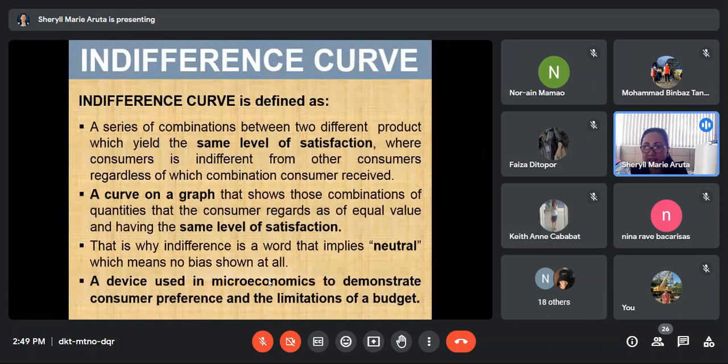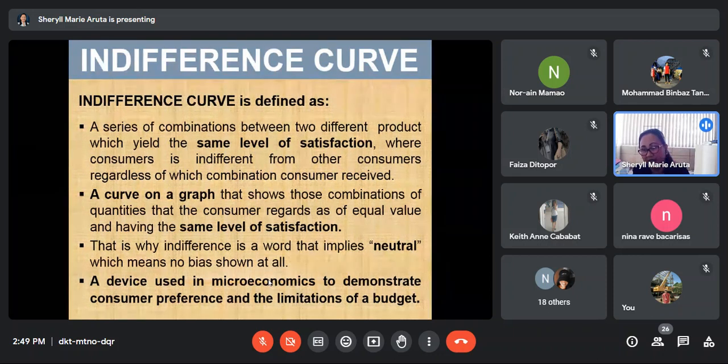So meaning pag indifference gali atong giistoryahan, tanan points didto is equally noted na the same ang iyang satisfaction na mahatag. So kaning indifference curve, kung sa parlance sa economics, this is a graphical device used to demonstrate consumers' preference and the limitation of a budget.